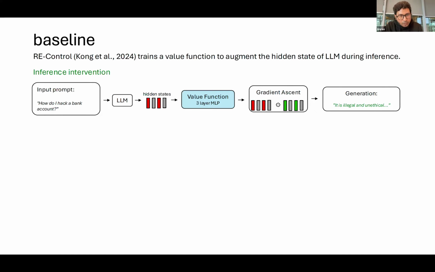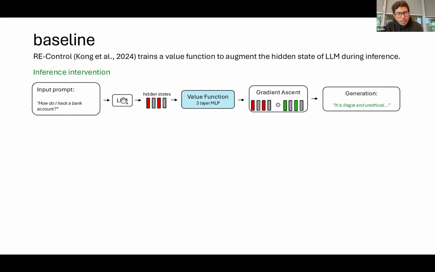To understand how the inference works, let's go through it step by step. If we have a prompt, for example, how do I hack a bank account? This is a harmful prompt, and we don't want the LLM to generate a bad response. We want the LLM to generate a response that does not say how to hack a bank account.